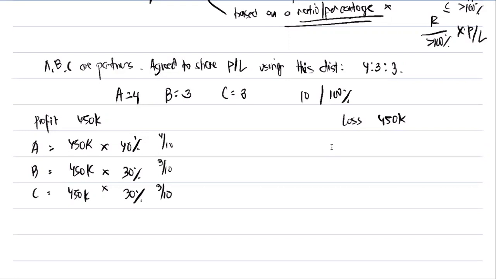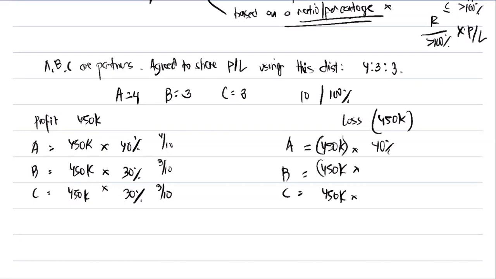If that is a loss, same pa rin yan for A, B, and C. So, if we have 450,000 here, A, B, and C, we multiply it to 40%, 30%, and 30%. So let's compute how much is the share of A, of B, and of C. So we have here 450,000.